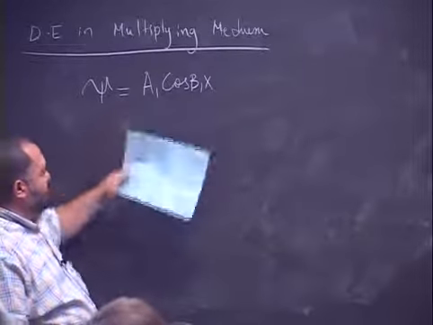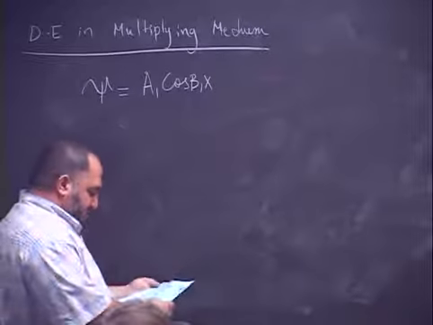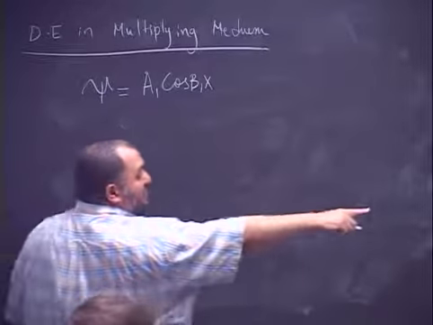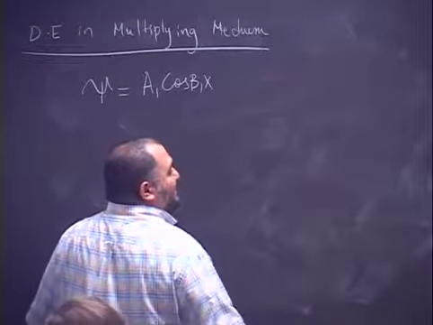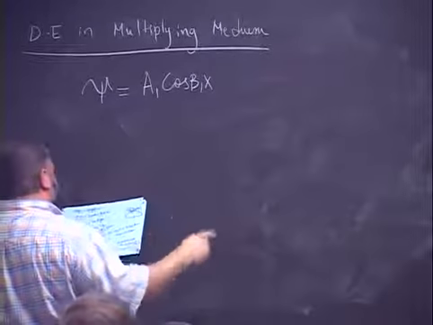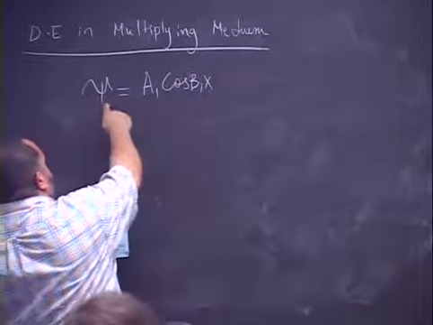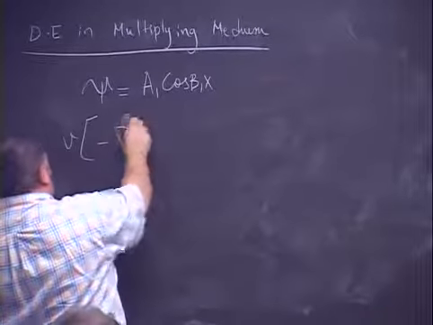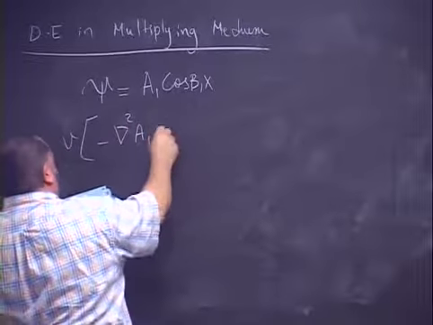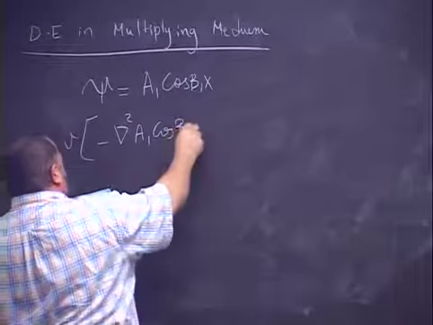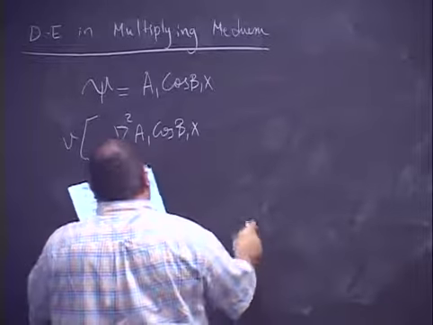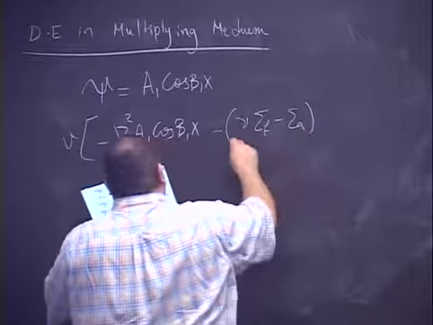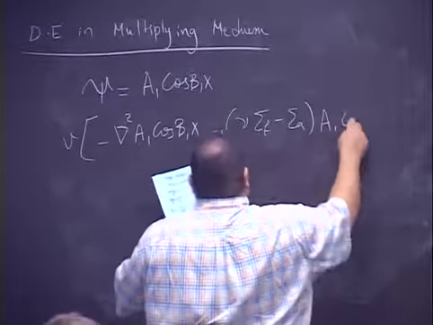So if I look at the first harmonic and I substitute in the equation over there, I multiply the two sides by psi. So if you multiply the two sides by psi and you substitute with the value of psi, you will get V minus D nabla square a1 cosine b1x, let's say, minus nu sigma fission minus sigma absorption multiplied by a1 cosine.